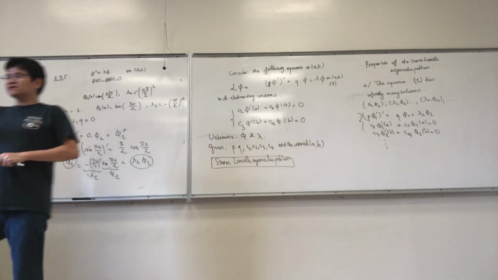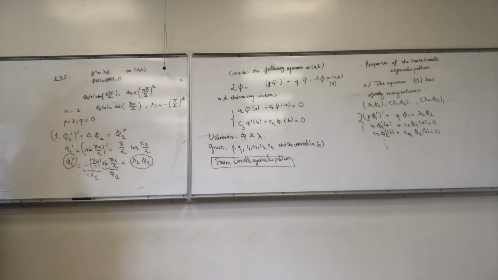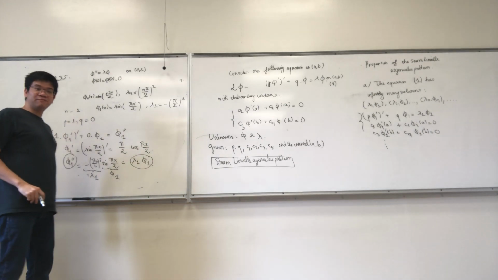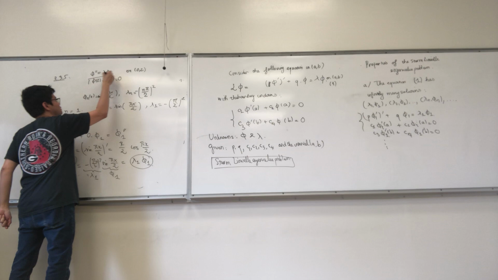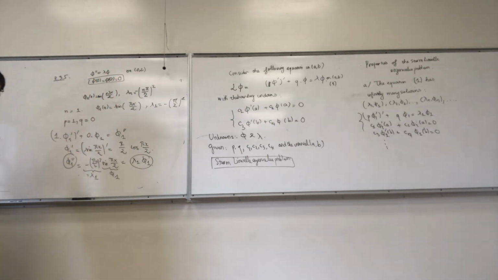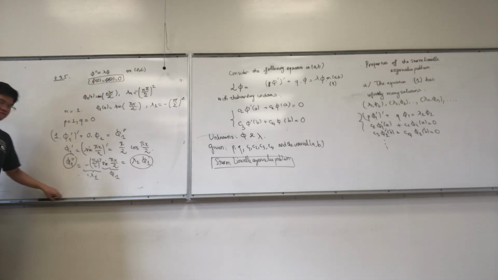But there's one more thing that I want to check. What is it? The boundary condition. So now I'm going to check the boundary condition, right? I have to check this condition. I want to know that phi 1 at 0 and phi 1 at 2 are both 0.